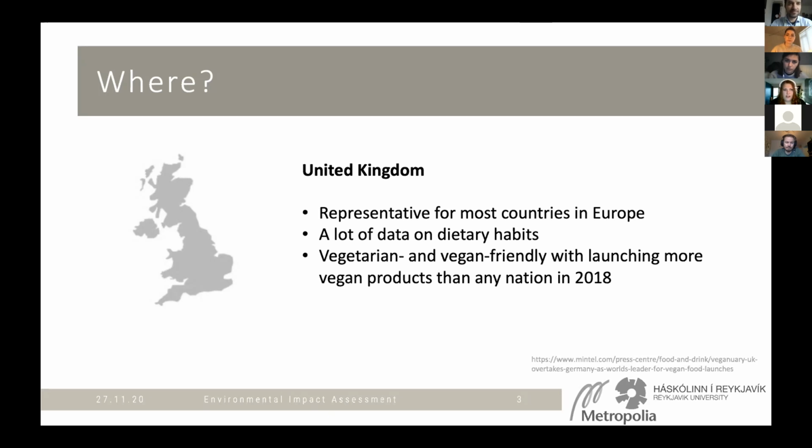And also there is a lot of data about dietary habits available, so that is good for the research. And also the UK is very vegetarian and vegan friendly, and in 2018 they launched more vegan products than any other nation, so that is also a good place to start because of that.